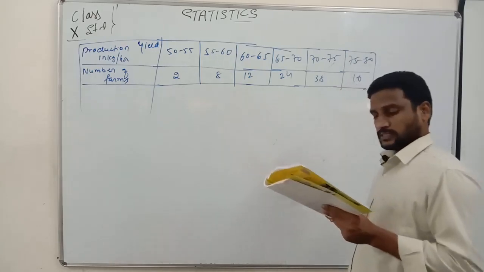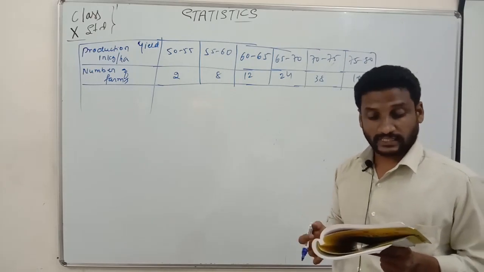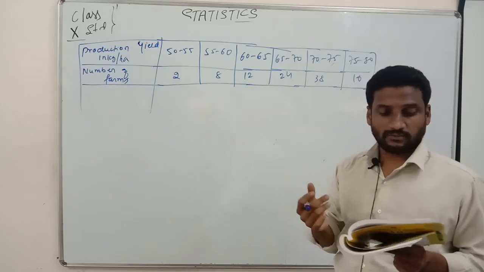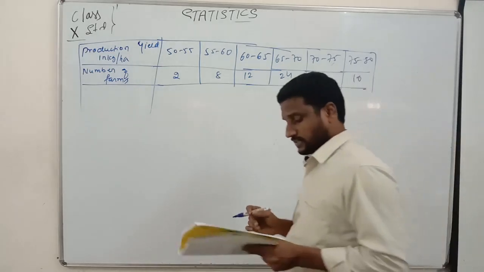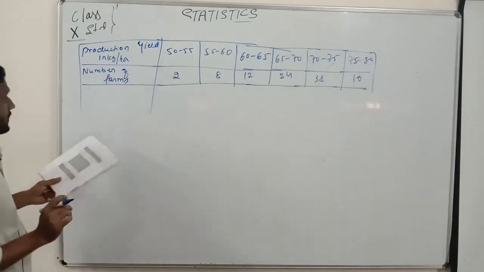Okay, so next down he has given the sentence: change the distribution to a more than type distribution and draw its ogive. So nothing but the more than type ogive we should draw here. First we convert it into a more than type distribution.